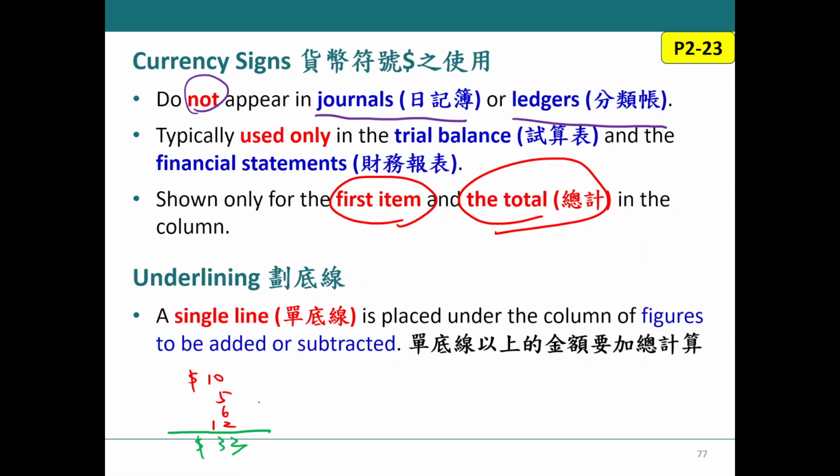Again, 10, 5, 6, 12, 33. When I finish the last number, I draw a double underline to tell them, okay, this is my final number.